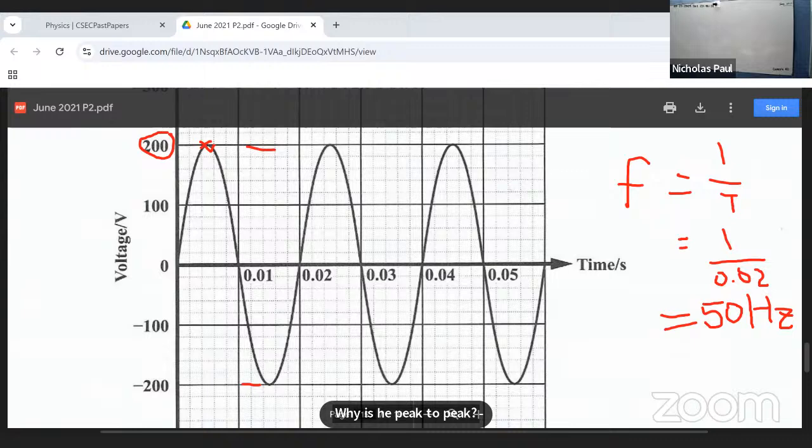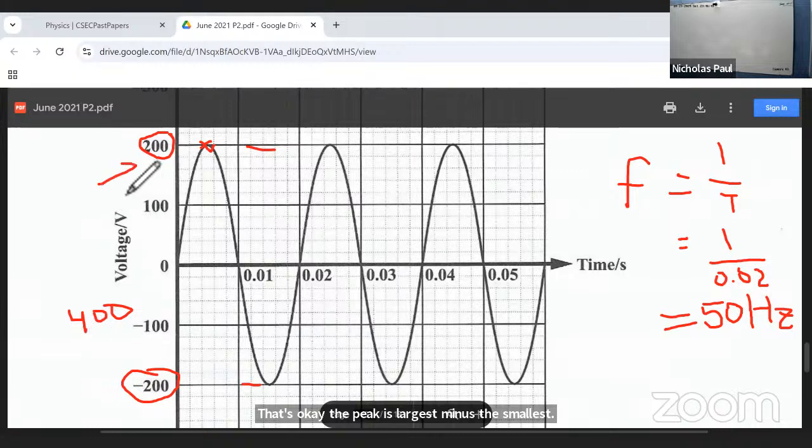Peak to peak value is 200 minus negative 200, which is 400. Peak to peak is largest minus the smallest. And your amplitude is 200, or your largest value is 200. That is called your peak value.